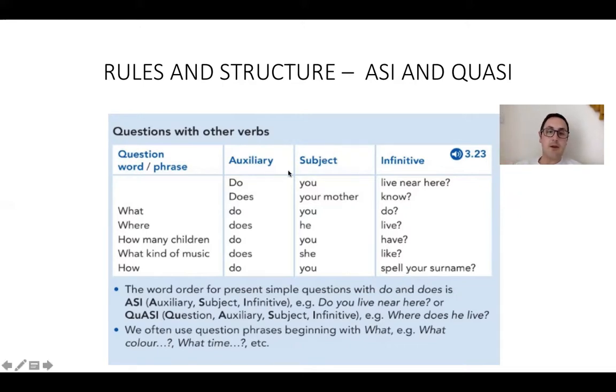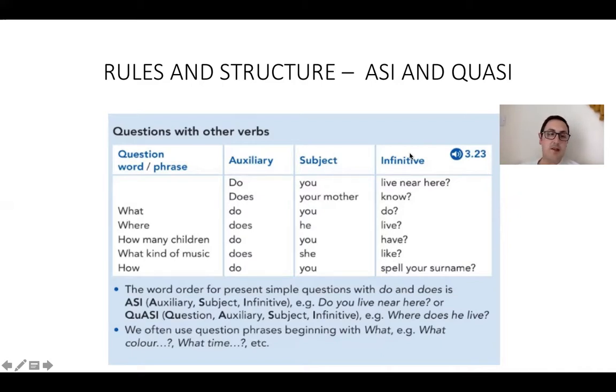So for example, the auxiliary verb is do or does. You've got the subject, you, your mother, and this list here, and so on, like the dog, Brad Pitt, and whatever it would be. And then you have the infinitive verb. For example, live near here. Know, do, live, have, like, and then spell your name.